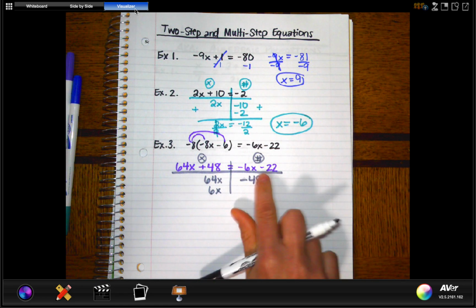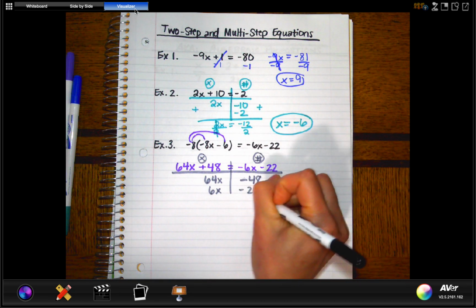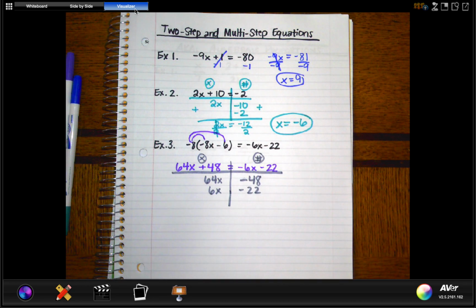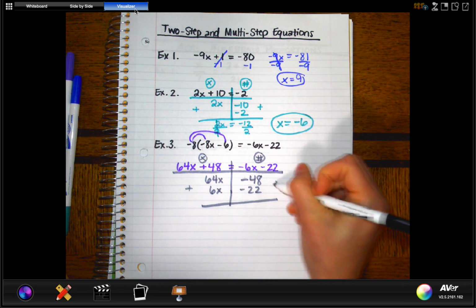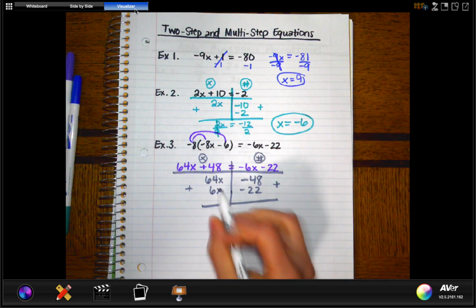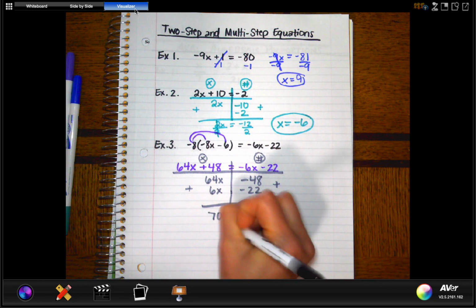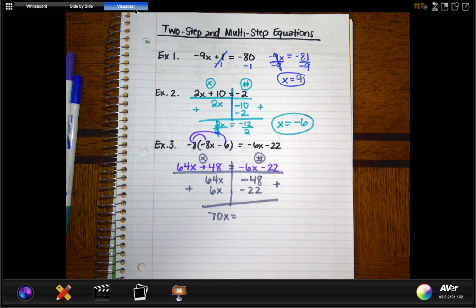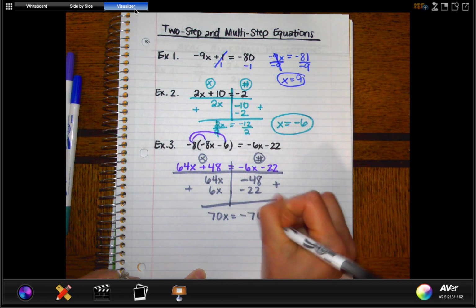And now -22 is going to stay on the side that it's already on, so we're going to keep it negative. Then we add, this time we have something to add on both sides. 64x plus 6x is 70x equals -48 plus -22 would be -70.